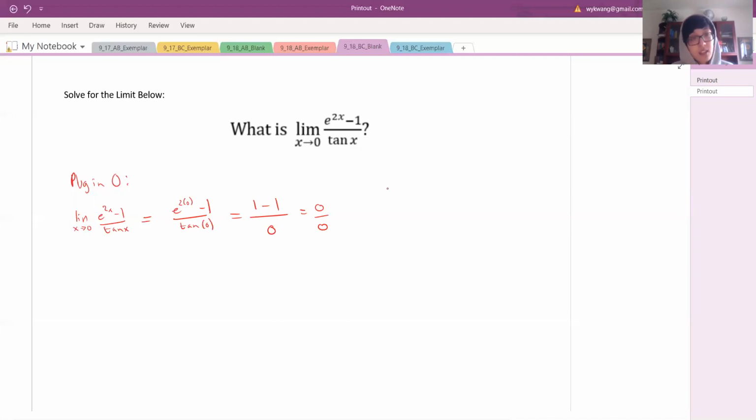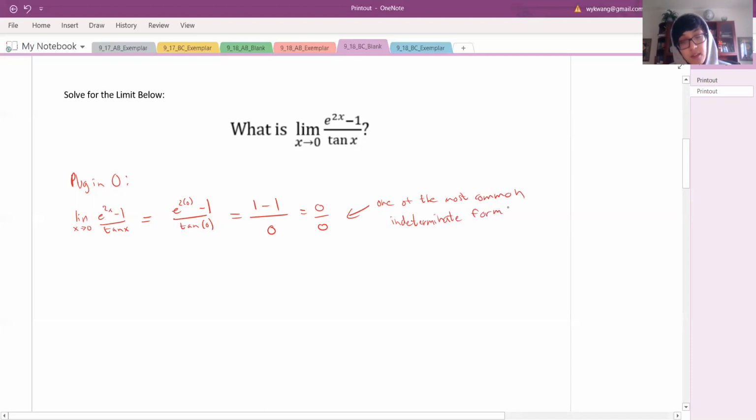Well, luckily, 0 over 0 is one of the most common indeterminate forms for us to use L'Hopital's.